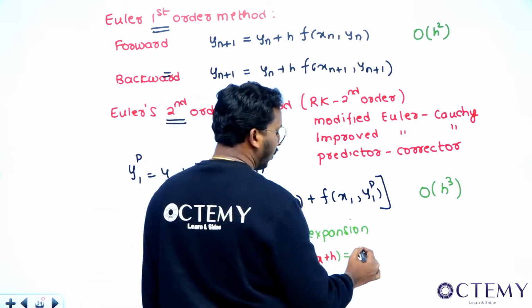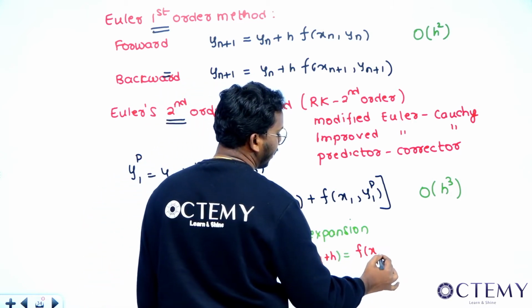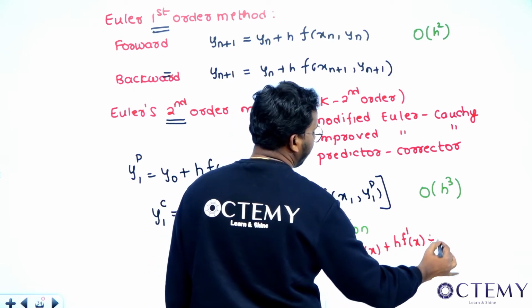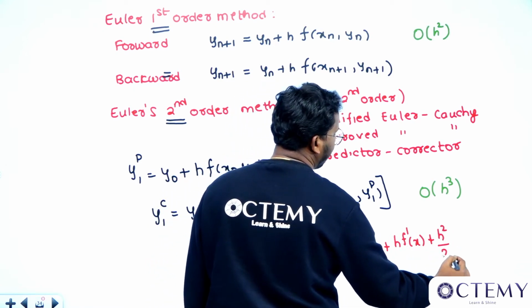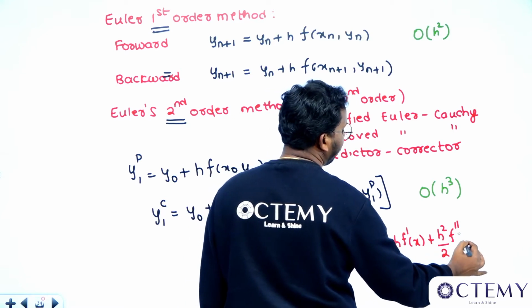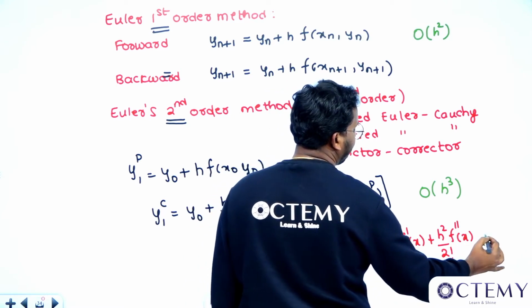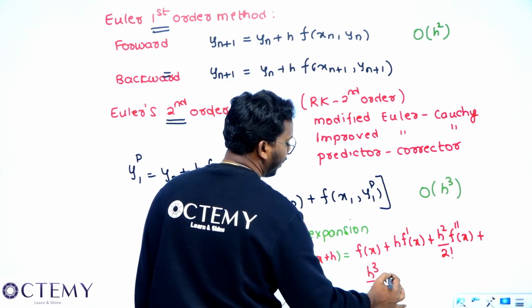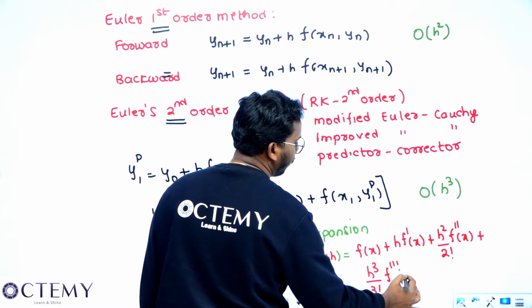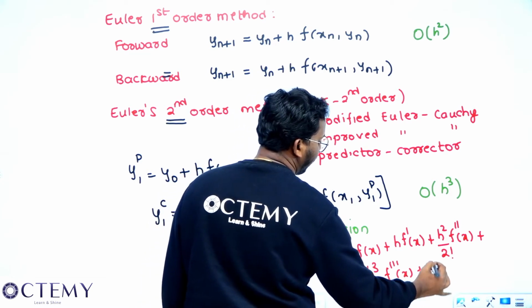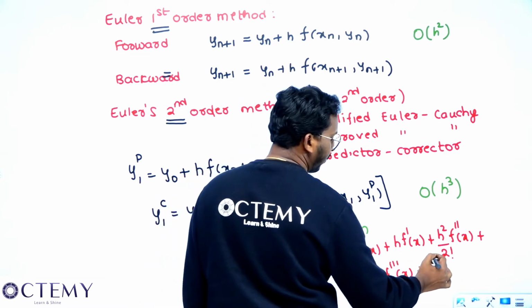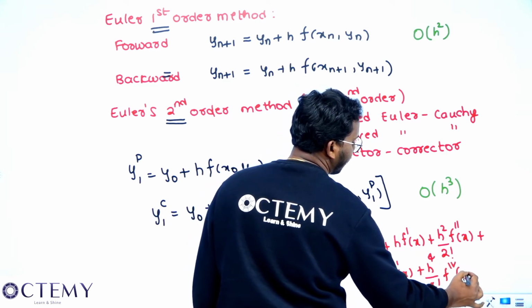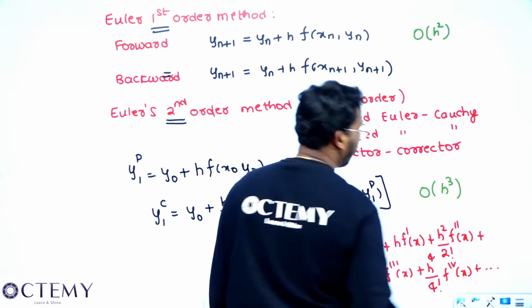That will become f(x) plus h f'(x) plus h²/2! f''(x) plus h³/3! f'''(x) plus h⁴/4! f''''(x), and so on.